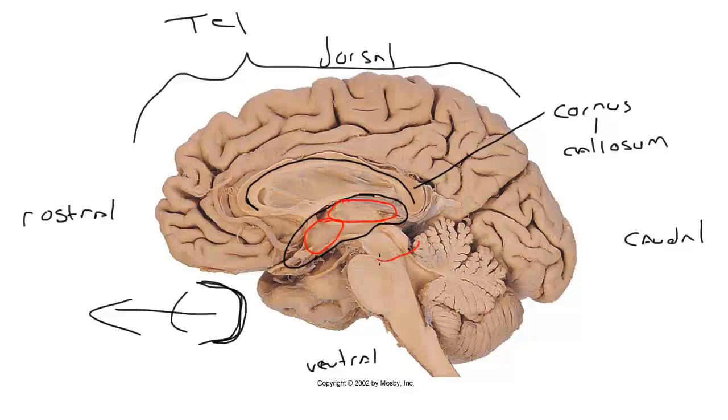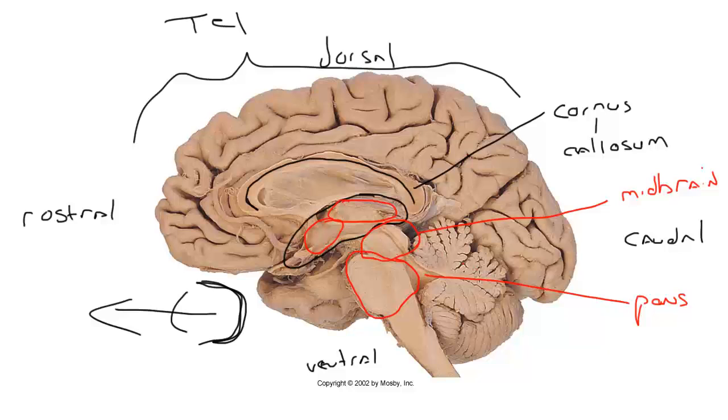This, then, is midbrain. So that region right there is midbrain, or mesencephalon. And right behind it, this egg-shaped region, that's the pons. Now, midbrain and mesencephalon keep their name throughout development.